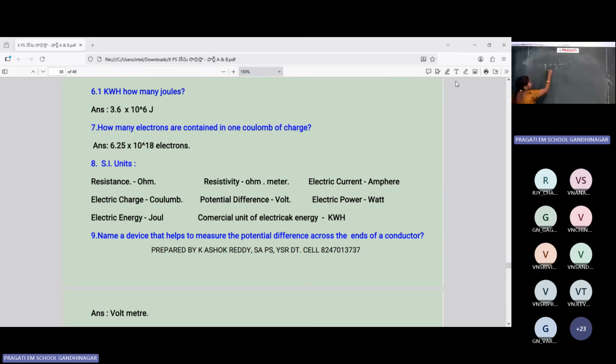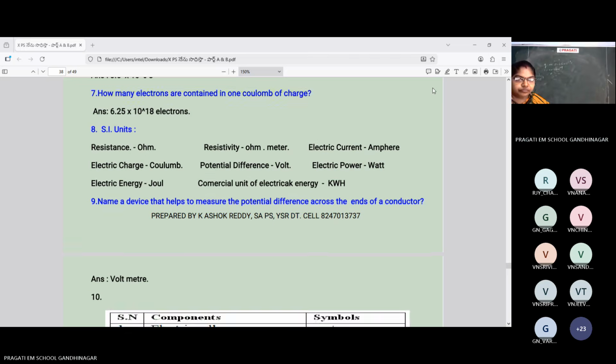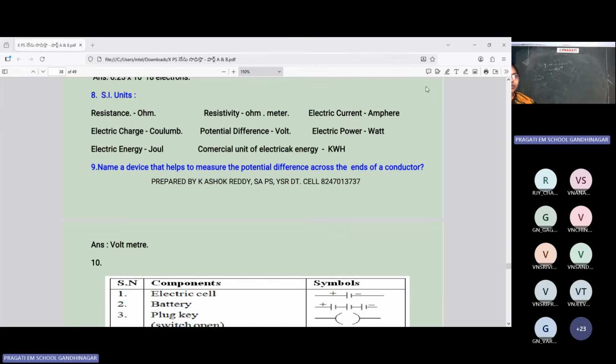So 1 is equal to N into 1.6 into 10 to the power of minus 19. You have to calculate N, and you will get 6.25 into 10 to the power of 18. Okay. SI units.